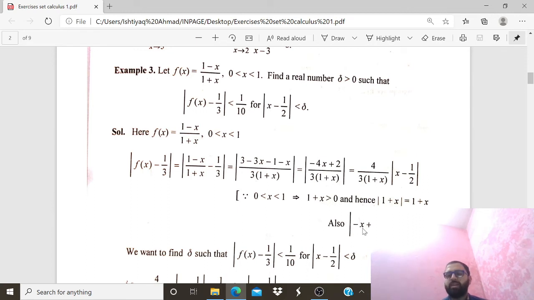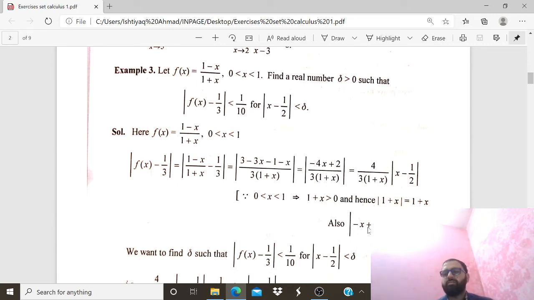Also if you look at minus x plus 1 by 2, it comes out to be minus times (x minus 1 by 2). How can you see this? Because if you take minus common, then it's going to be minus times x minus 1 by 2. Now why am I doing all this? Because minus 1 into (x minus 1 by 2) is the mod of minus 1 into (x minus 1 by 2), and you know that the mod of a into b is going to be mod of a into mod of b.